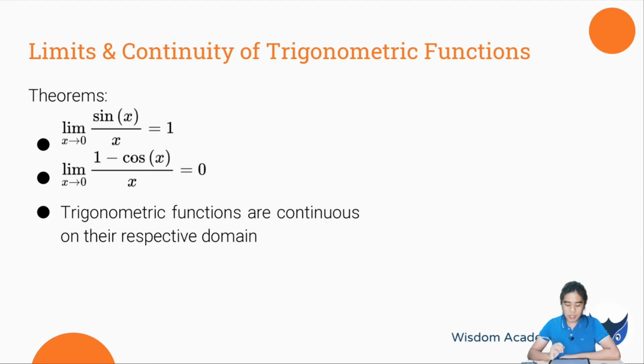So if hanapin lang natin yung domain ng isang trigonometric function and dun lang siya magiging continuous. Okay, so equivalent din tong limit of sine x over x as x approaches 0 sa limit of x over sine x as x approaches 0.